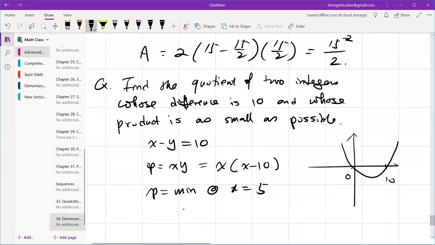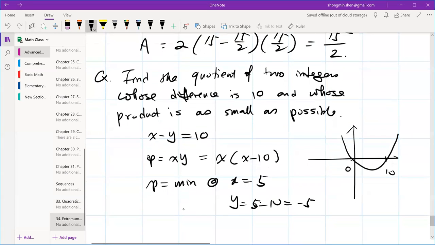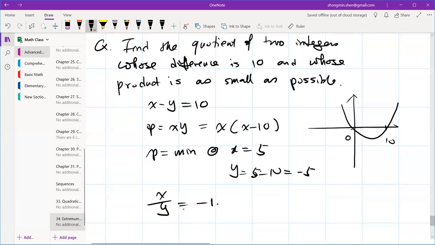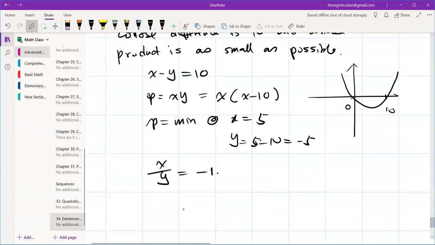So when X equals 5, the product is as small as possible. When X is 5, Y is going to be 5 minus 10, which is -5. So immediately the quotient of the two numbers, X over Y, is going to be -1. Doesn't matter which way. Got it? Good.